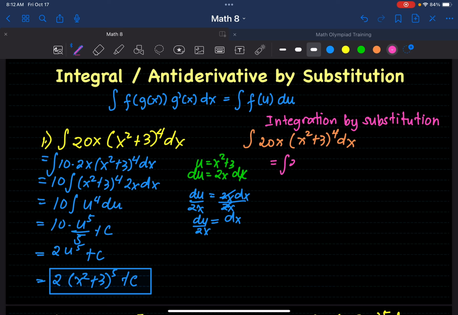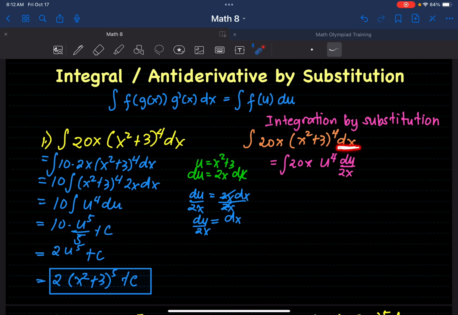Then simplify. So this will become integral of 20x times x squared plus 3 raised to 4. Let x squared plus 3 raised to 4 become u raised to 4 now. And dx is du over 2x. So u is x squared plus 3, that's why this becomes u.